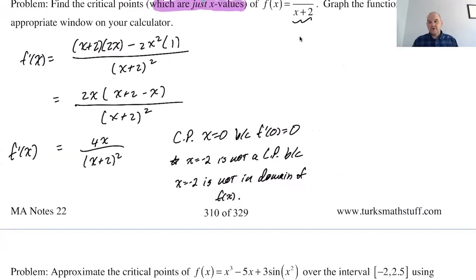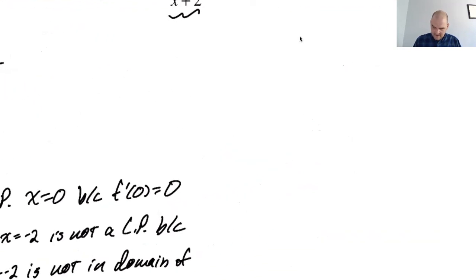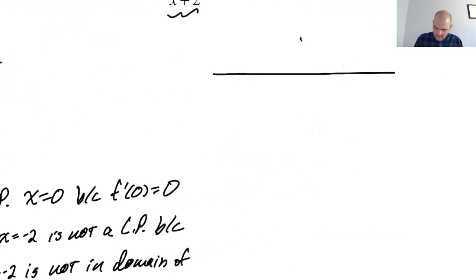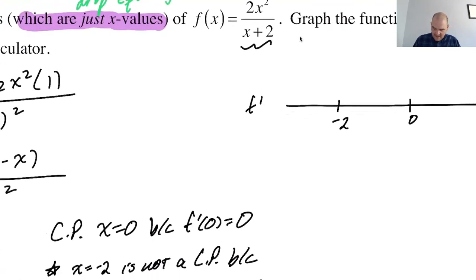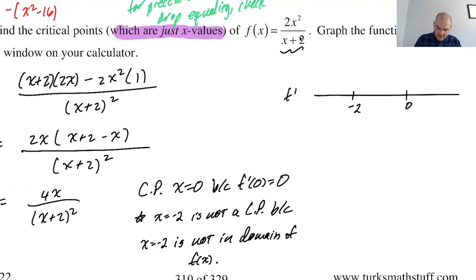However, if I were going to do a sign chart for this thing, which I'm going to, I do want to put -2 on my sign chart because weird things can happen there. So this will be for f prime. I'm going to put -2, not because it's a critical point, but because it's a discontinuity. Discontinuities, weird stuff can happen, so you put those. And then x equals 0. And then we test in our derivative.